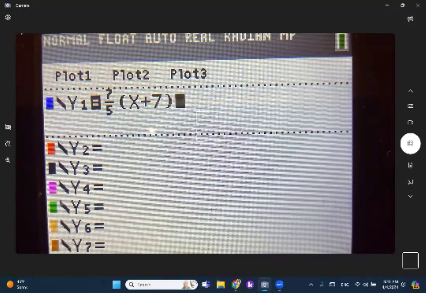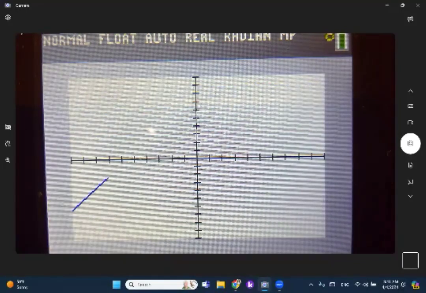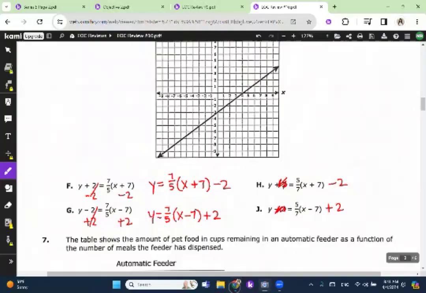Anyway, -2. Now, don't forget the -2. If I hit graph, this one crosses the y-axis at the top. So this would not be my answer. Get rid of F.